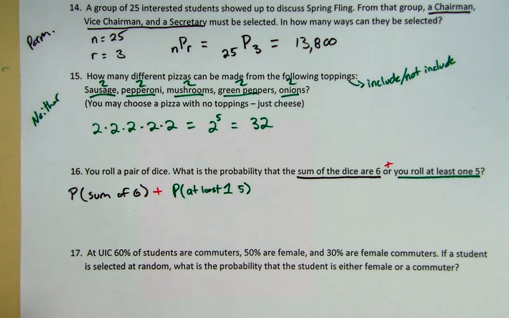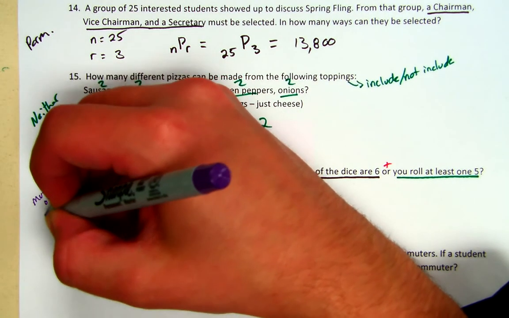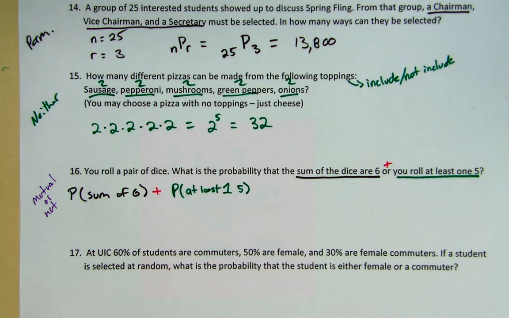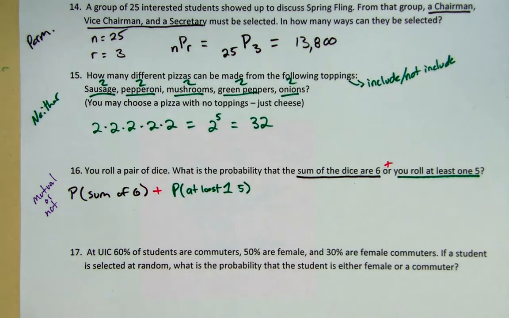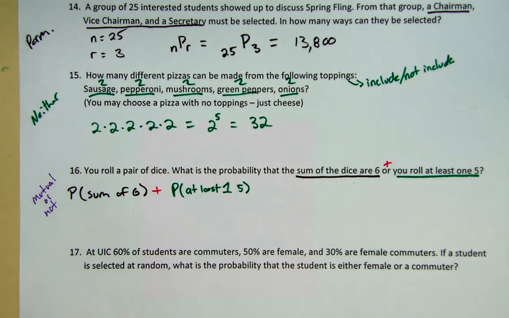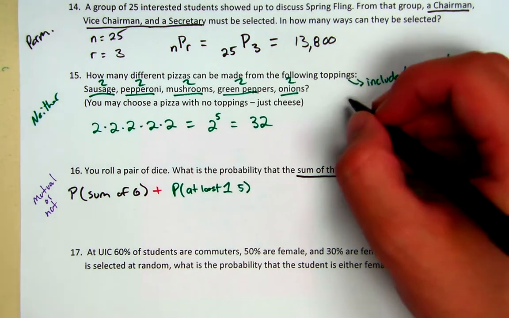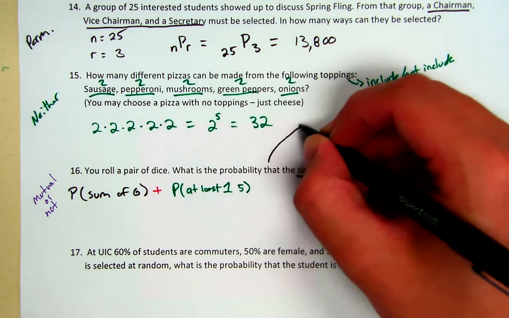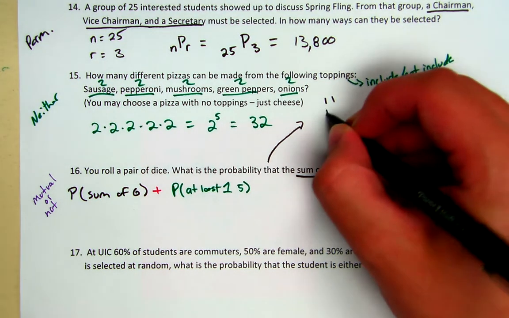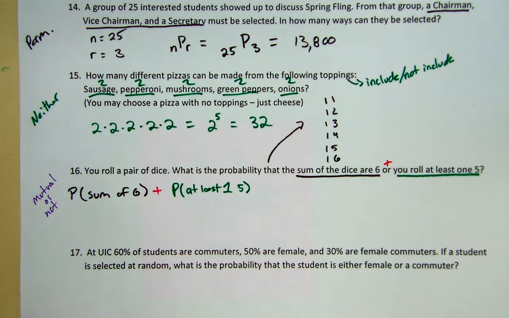However, you need to ask yourself, is there mutual overlap in these events? So the question becomes, is it mutually exclusive or not? So do these two events have overlap? Well, let's figure that out. Sum of 6, at least 1 five. Pair of dice tells us we need to list out all the options. So if I roll a pair of dice, I can get 1 1, 1 2, 1 3, 1 4, 1 5, 1 6.